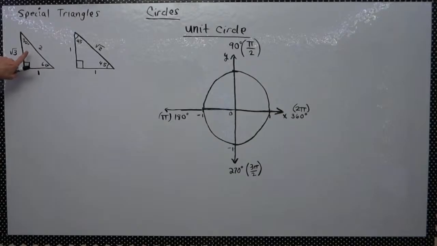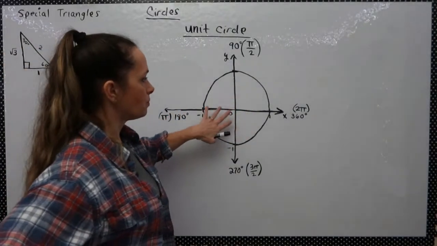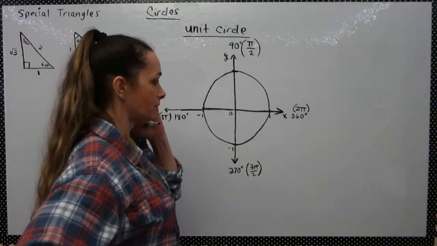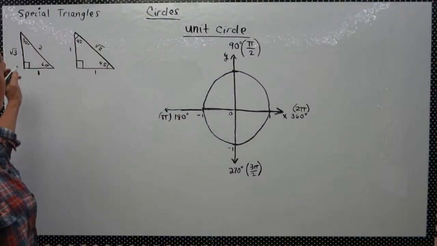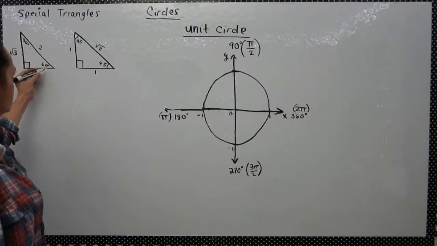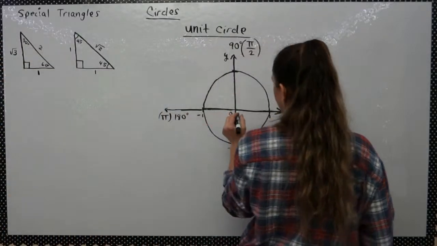What we're going to do is we'll take these two triangles and we're going to superimpose them onto this coordinate system, and we're going to figure out the degree measure and the radian measure for 30, 60, 45, and 45.